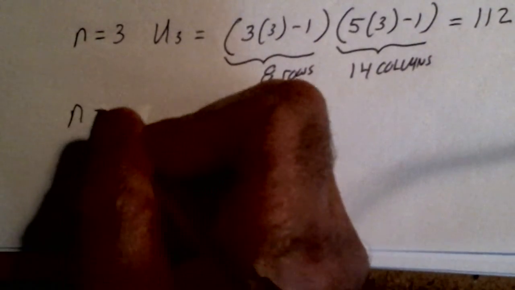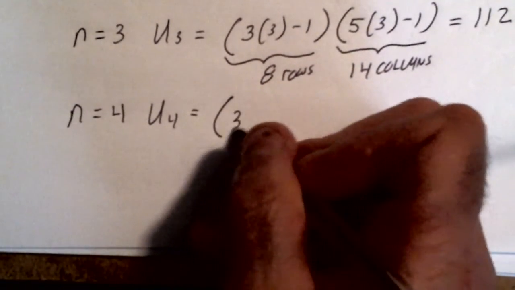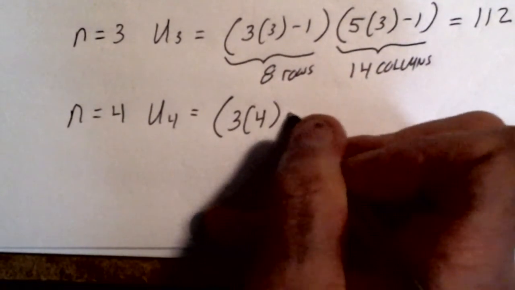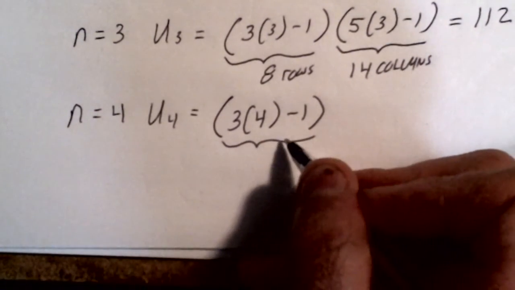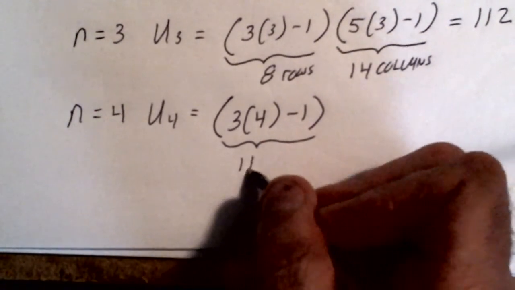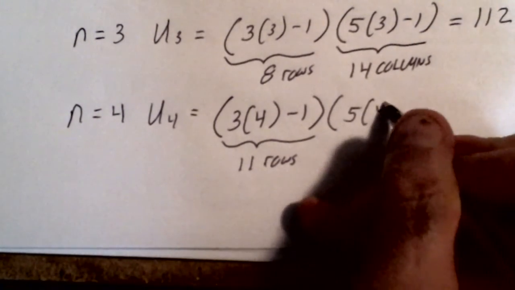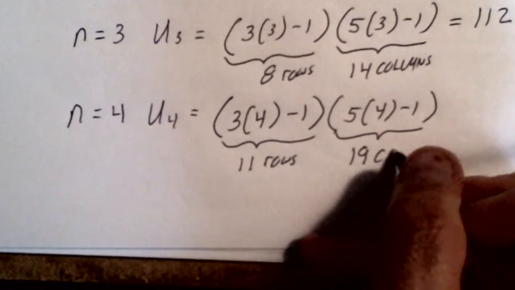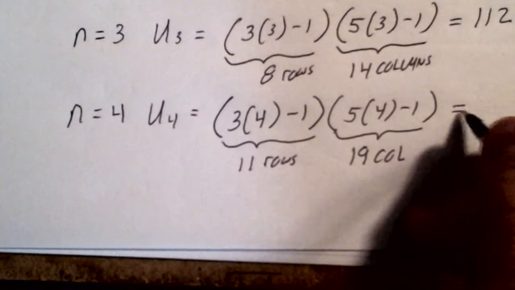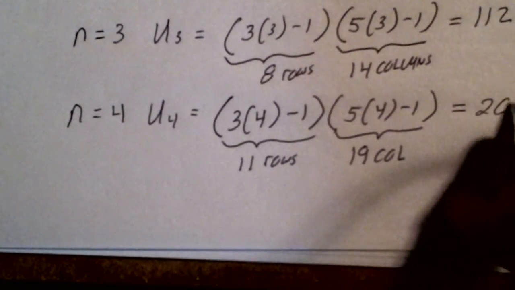For the fourth arrangement, n is equal to 4, we've added 3 times 4 minus 1 rows, which is to say we added 11 rows, by 5 times 4 minus 1 columns, or 19 columns. And 11 times 19 gives us 209 cubes.